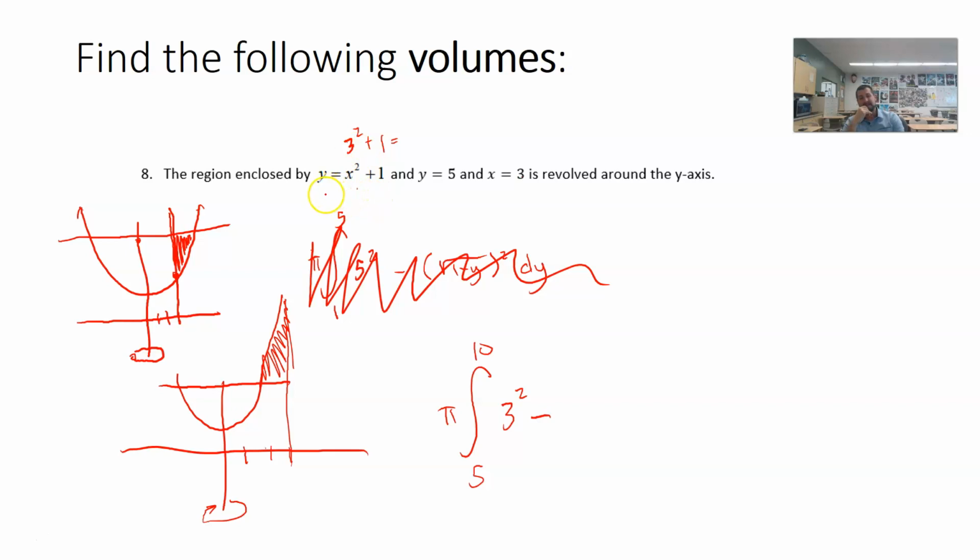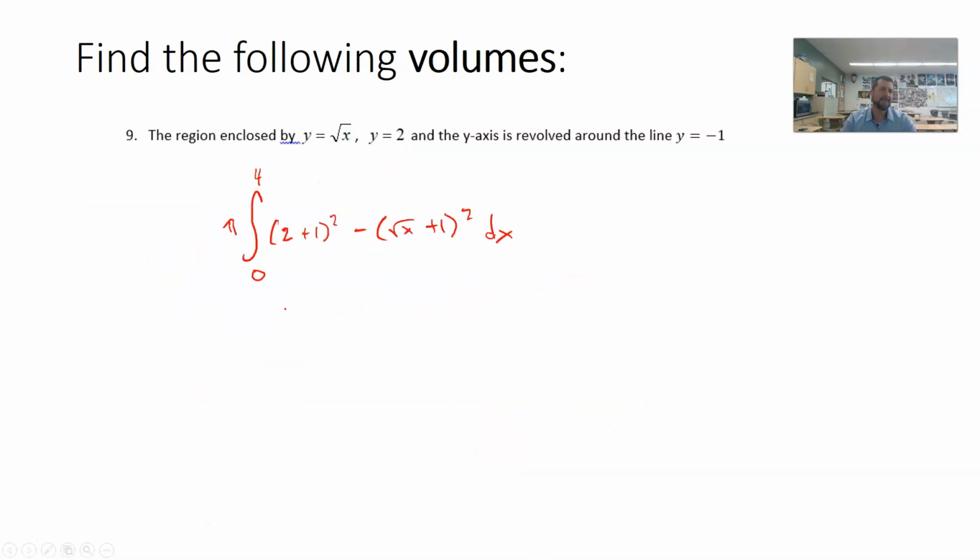So that's going to be x equals the square root of y minus 1. So I'm going to go square root of y minus 1 squared, and then I've got dy on the end. Again, I apologize, that was set up wrong initially. This is how you would set that problem up, because this is the area that we are revolving around the y-axis.